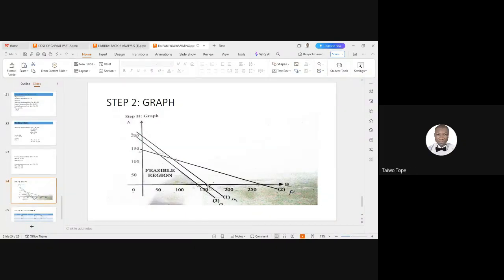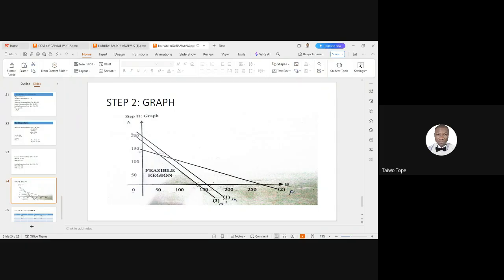So if this point is 150, I should trace 200 to point A for machining. So you use your ruler to connect these lines. You just put an asterisk here, then you use a very good ruler to connect those 2 points and draw a straight line across. So that is for machining.